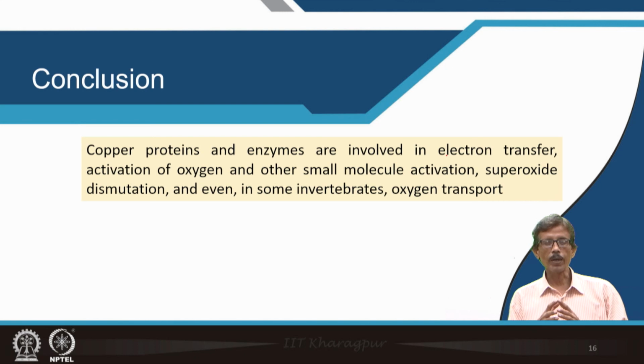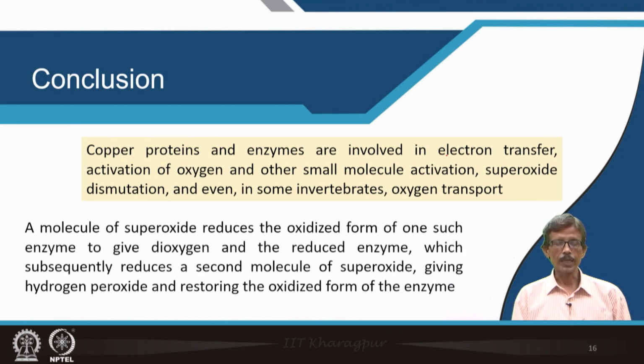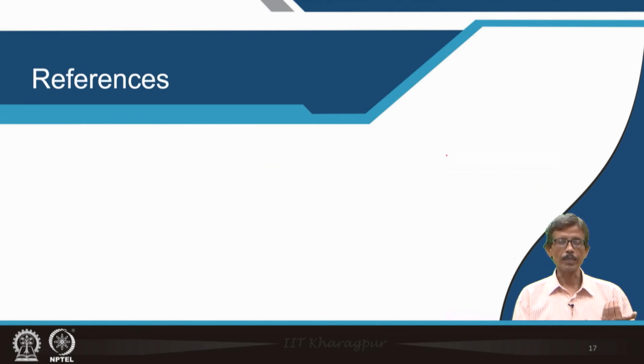So, all these copper proteins and enzymes we have studied are required for small molecule activation, dismutation reaction, and in some invertebrates hemocyanin or deoxyhemocyanin is required for oxygen transport. In the case of superoxide, we are producing hydrogen peroxide and O2 back, but we are getting back the corresponding oxidized form of the enzyme which we require at the starting point.